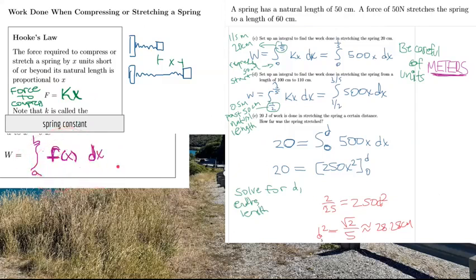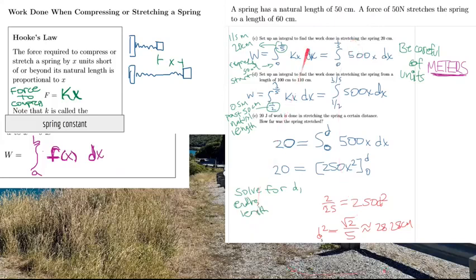So here we go. This is the function, and if you look here, the spring has a natural length of 50 centimeters. A force of 50 newtons will stretch the spring to a length of 60 centimeters. So the spring constant is 500.